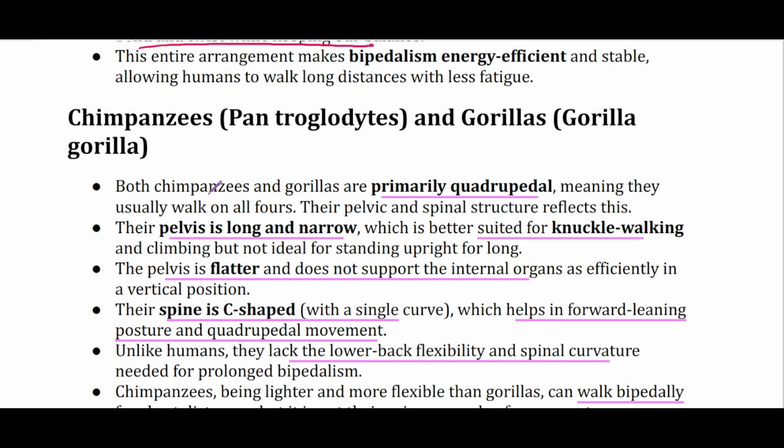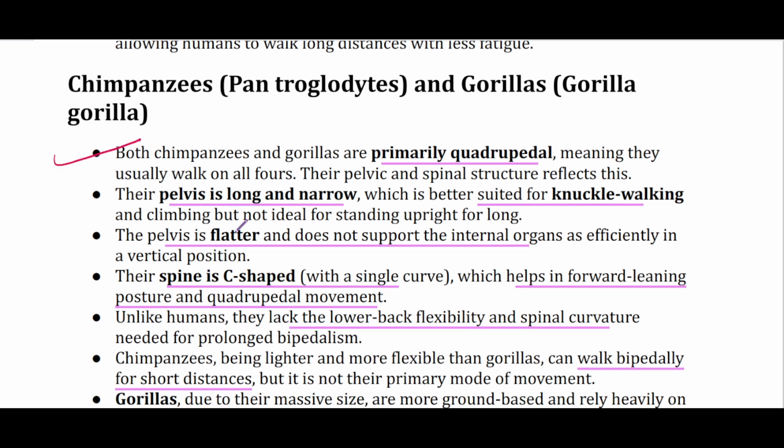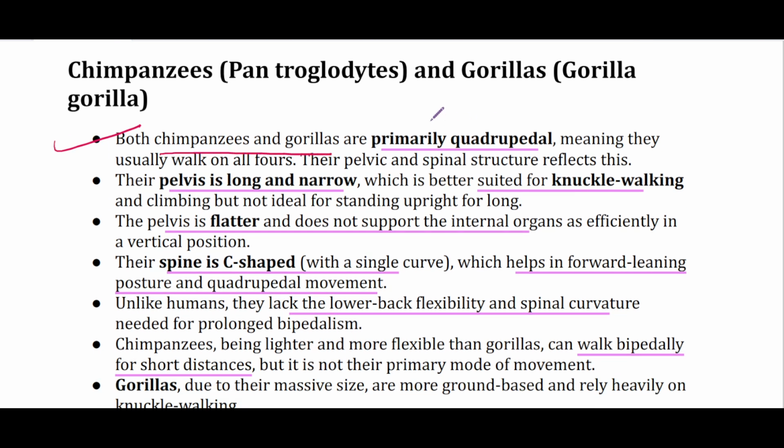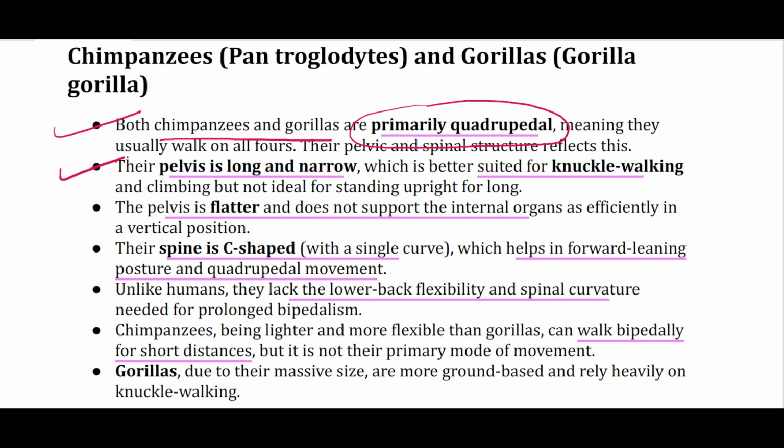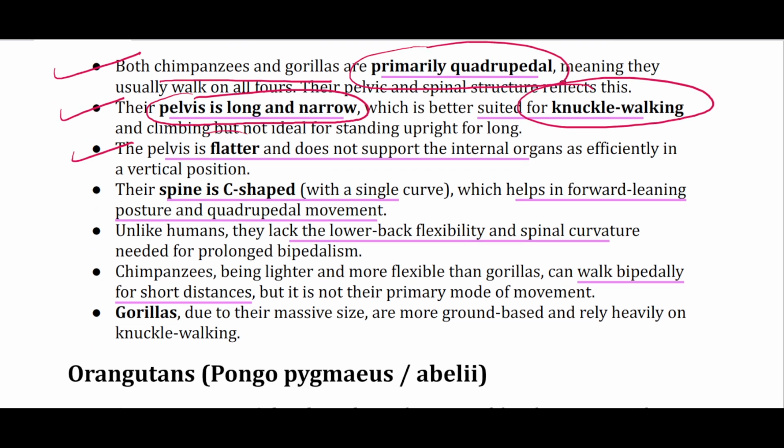And then chimpanzee. Both chimpanzee and gorilla are primarily quadrupedal, meaning they walk on all four. They have a pelvis which is long and narrow, suited for knuckle walking. Their pelvis is flatter and does not support the internal organs as efficiently in a vertical position.